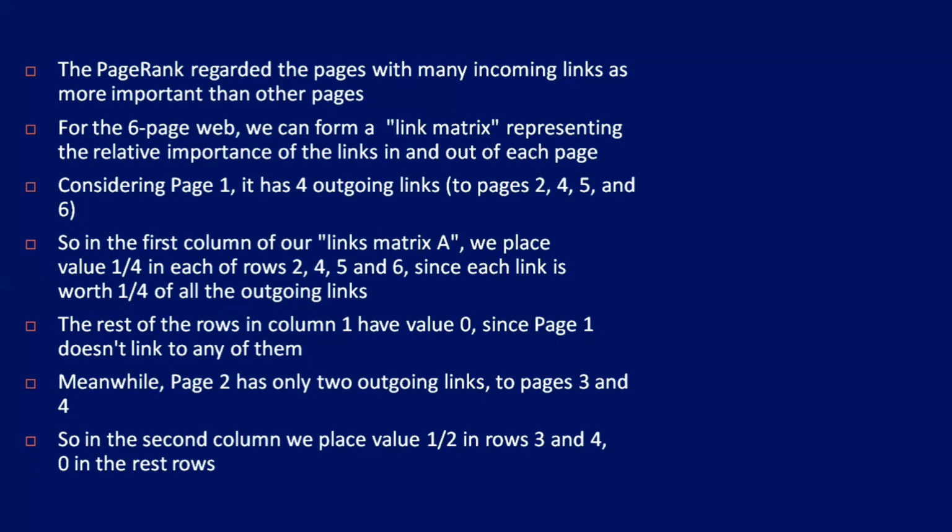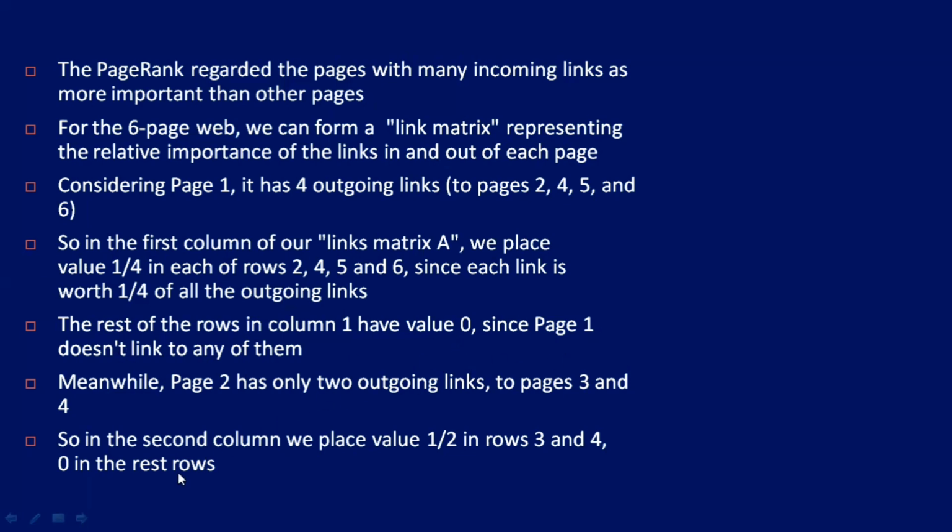So all other values in the other rows are 0, since page 1 does not link to any of them. Here we just go through outgoing links and neglect incoming links of page 1. Meanwhile, page 2 has only 2 outgoing links, to page 3 and page 4.